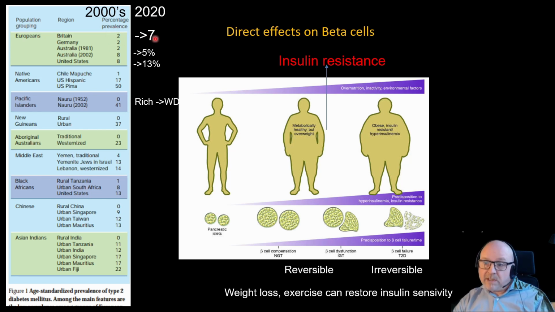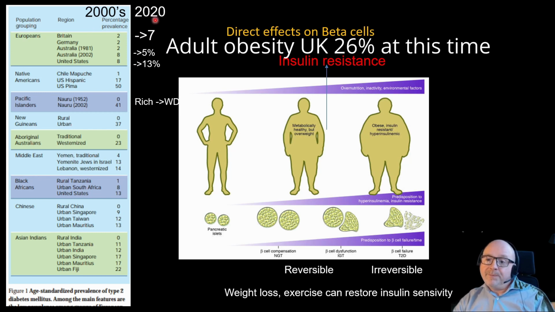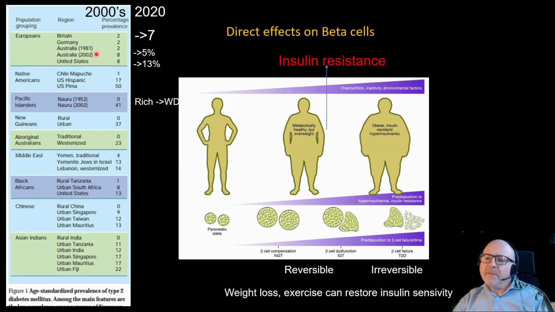I checked recently, and in Britain it has gone up to 7% diabetic, which is quite high for an adult population. In the United States, it has gone from 8% to 13% of adults being diabetic. Not just obese, but full-blown diabetes.